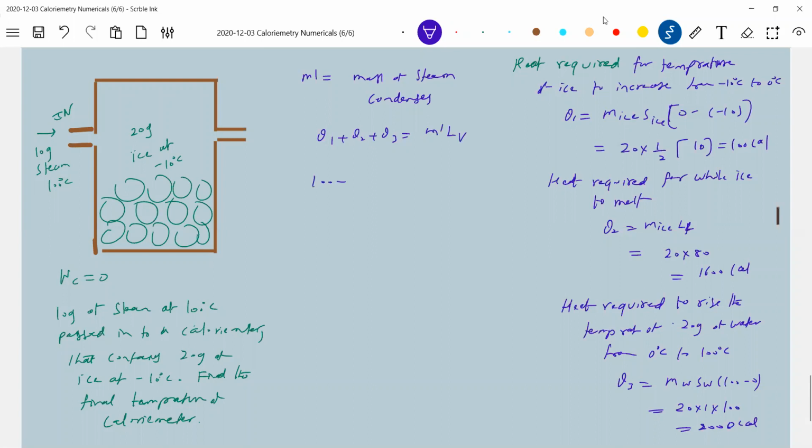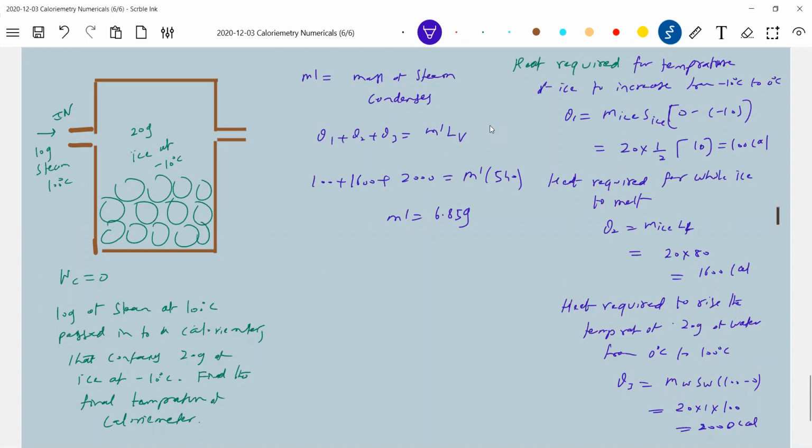So this will be 100, 1600, 2000, M dash we don't know, and this is 540. Anybody the value? 6.85. This much steam will condense here.